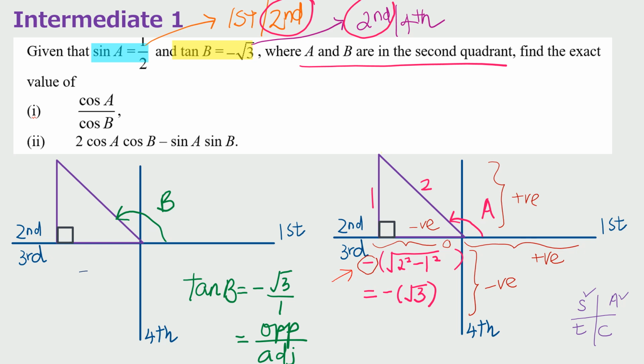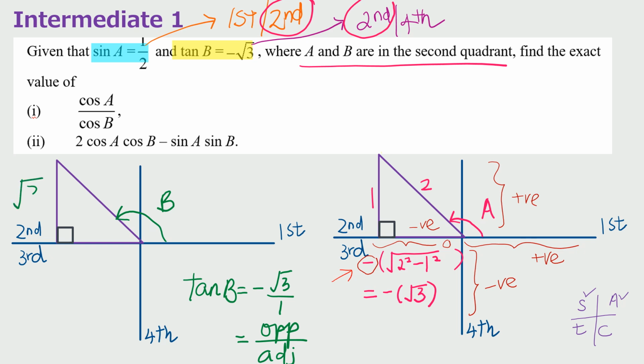So when you label the sides of the triangle, you need to be careful. If it's above the x-axis, it's positive. Below the x-axis is negative. If it's on the right side of your y-axis, it's positive. On the left is negative.